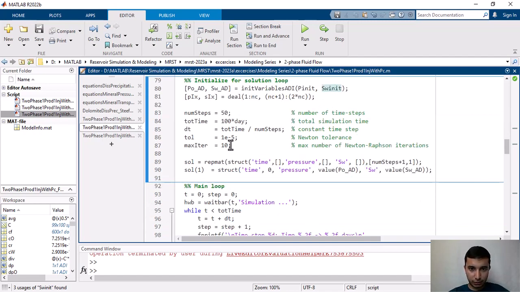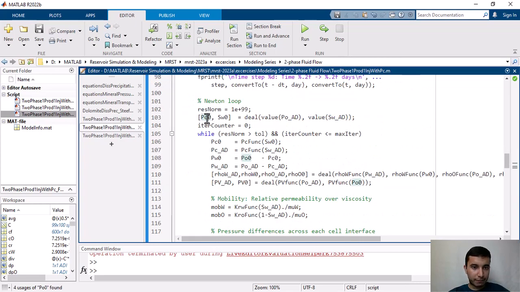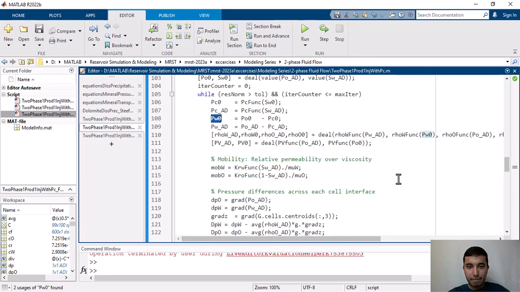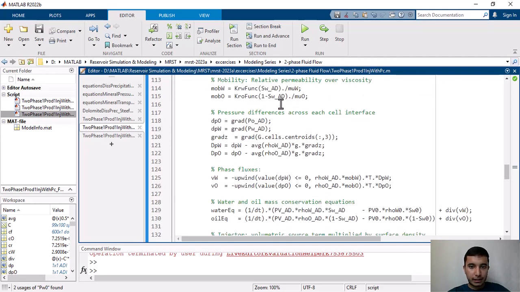And let me tell you what I have done. As you see, we have here the oil pressure, and the water pressure is calculated using this relation. All right? Great. And here we have the oil pressure.